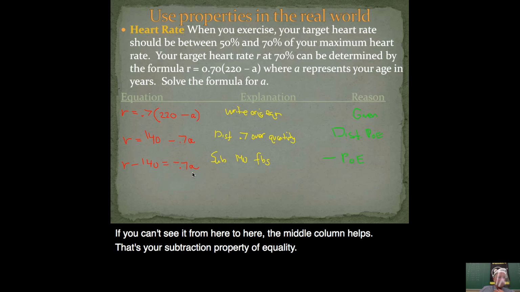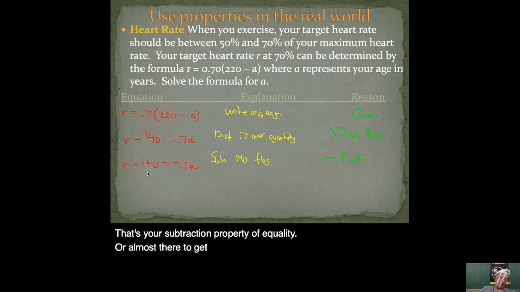We're almost there. To get A by itself, we need to divide by negative 0.7. So here's how that looks.